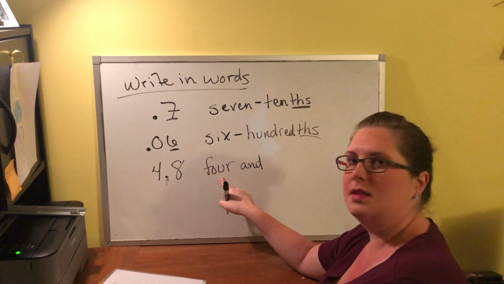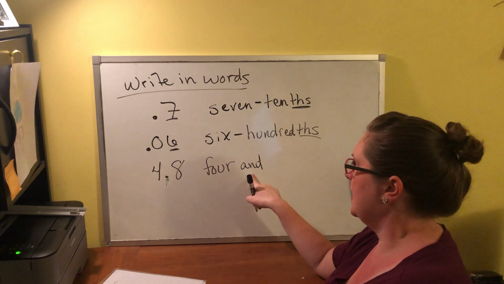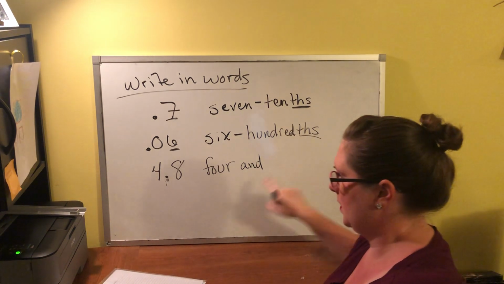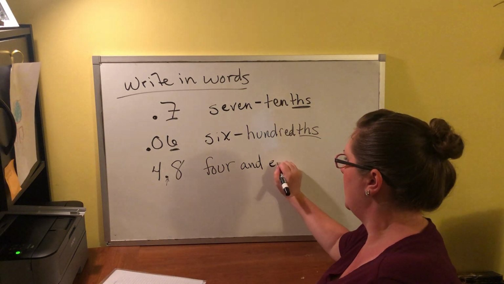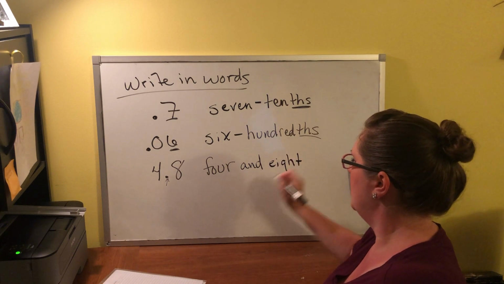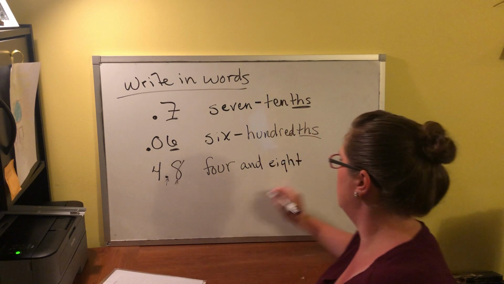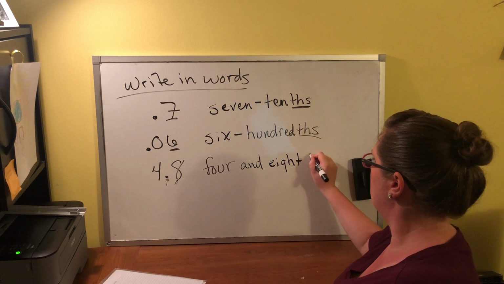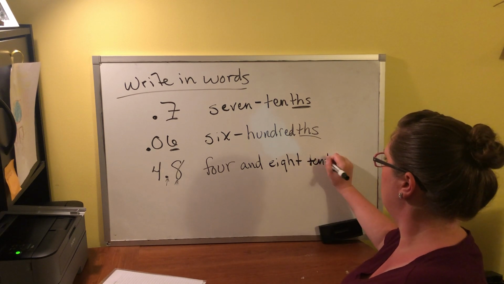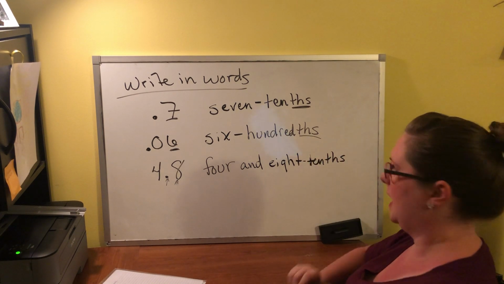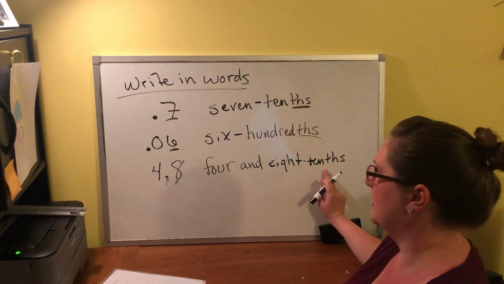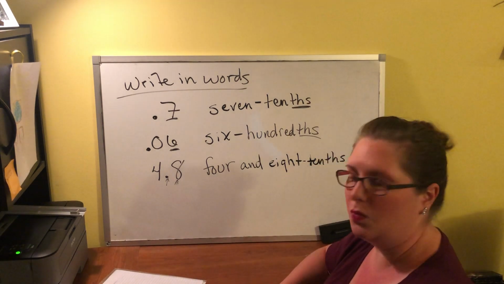So that lets us know that this is a whole number and we're going to have a decimal. Okay, so we'll start out with our number 8. Go ahead and write that out. And this is in the tenths place. So this is 8 tenths. So 4 and 8 tenths is how you would write 4.8 in words.